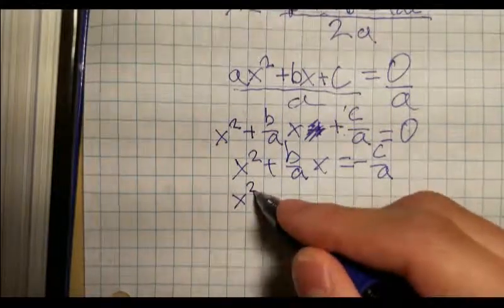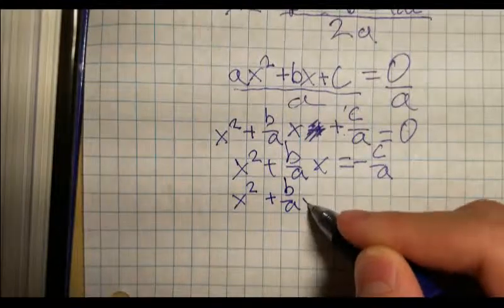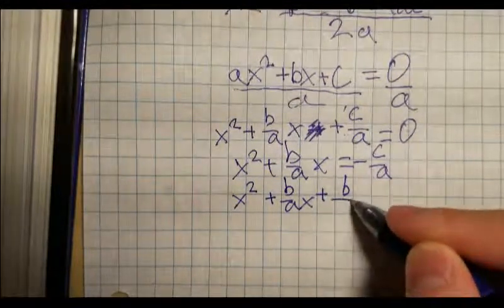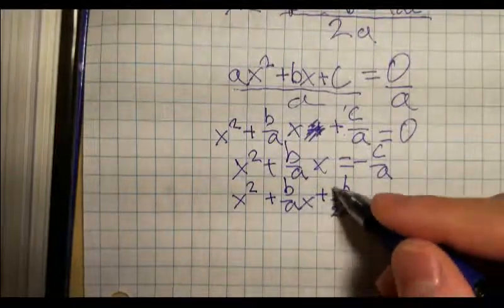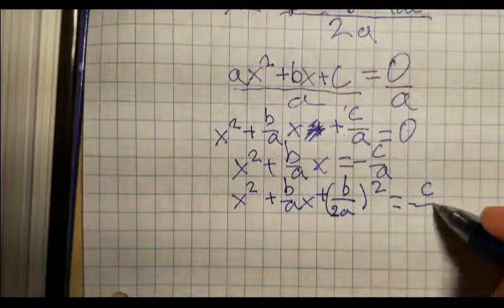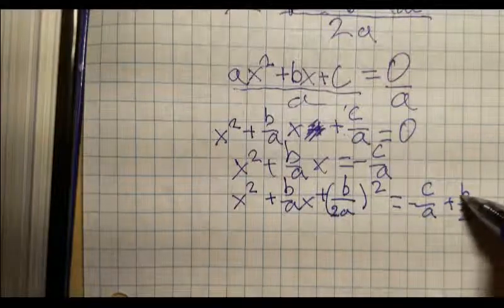So x squared plus b over a x plus b over 2a, half of this coefficient squared, equals negative c over a plus b over 2a squared, because we have to add it to both sides.